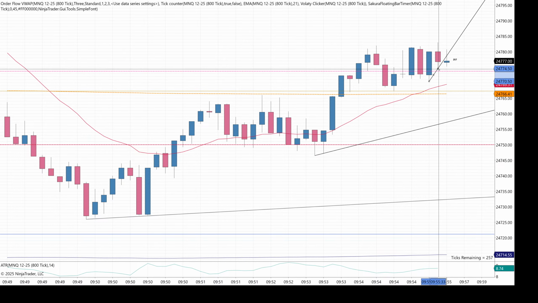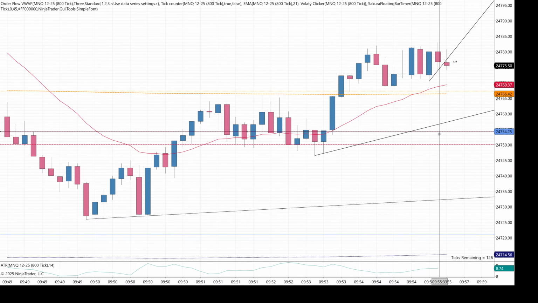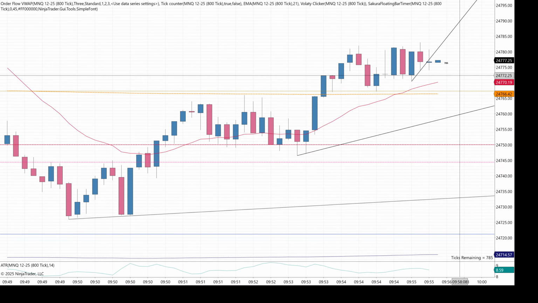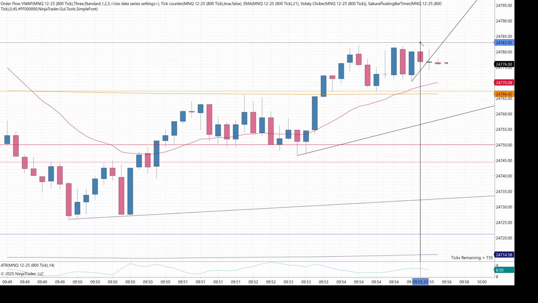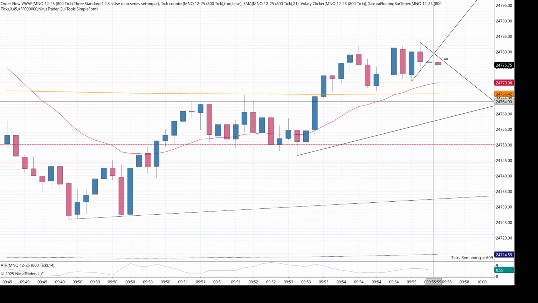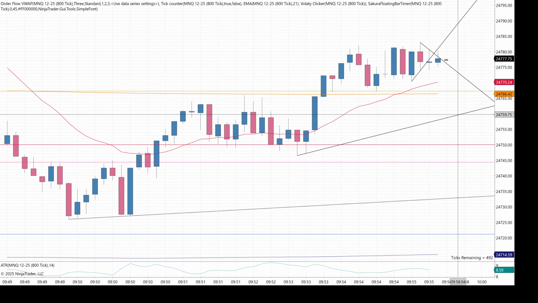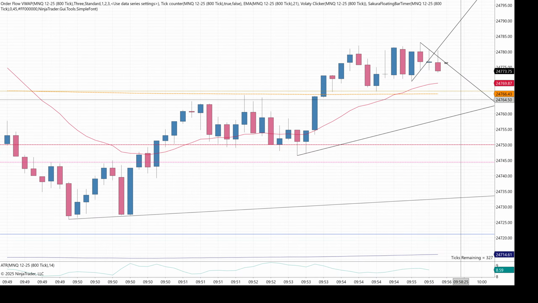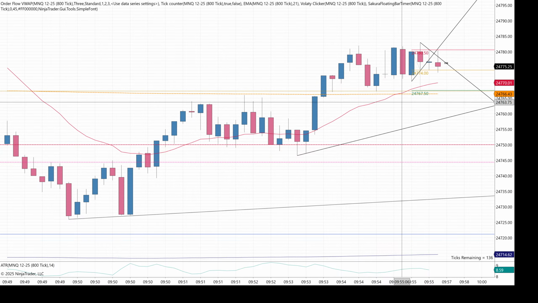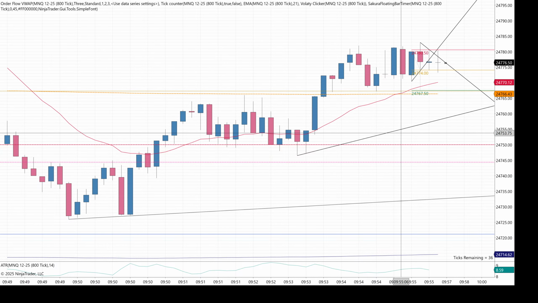New upward trend line. Let me get the runner out of the way here. And then we have a new downward trend line. Okay, this triggered lower, but we can't take it because of the EMA.